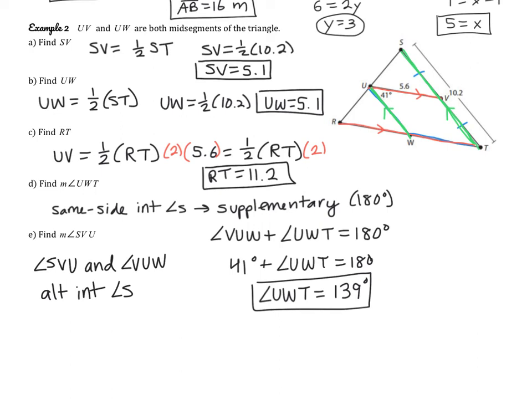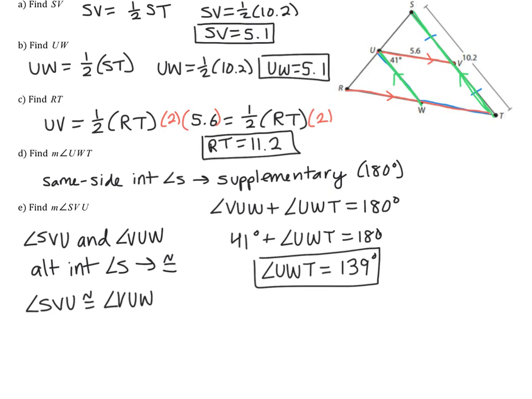And we know that when alternate interior angles are formed between two parallel lines, they should be congruent. So we know that angle SVU is congruent to angle VUW. We know that angle VUW is 41 degrees, so we know that angle SVU must also be 41 degrees. And there you have it.